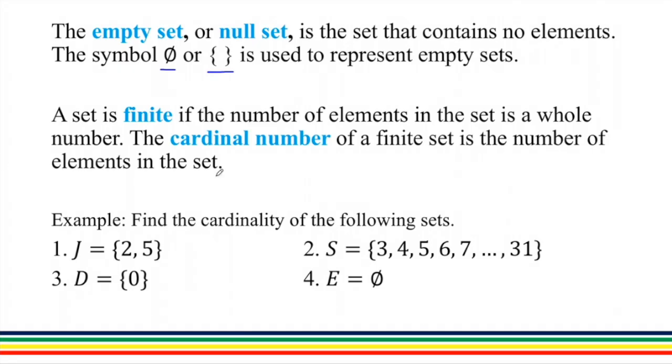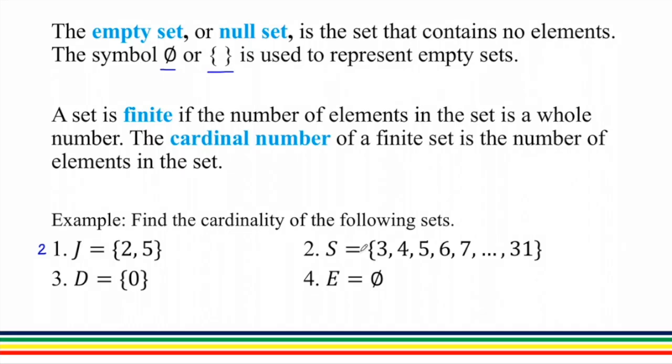So for example, we have number 1, J equals {2, 5}. What's the cardinality of number 1? How many elements are present? That is 2. How about number 2? There are 3, 4, 5, 6, up to 31.